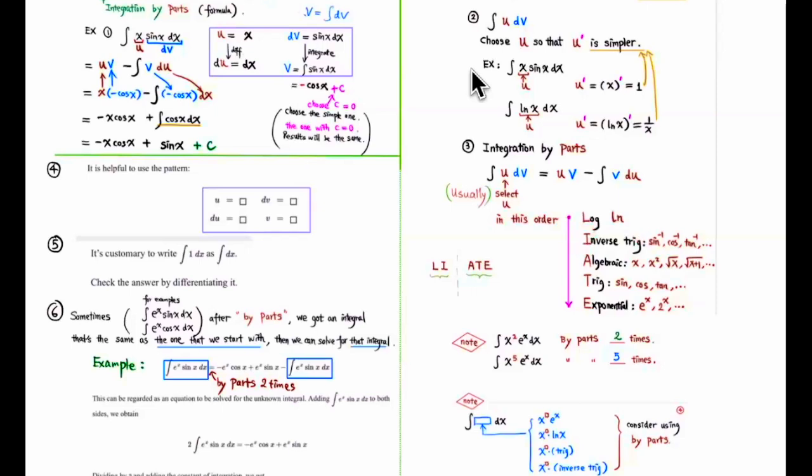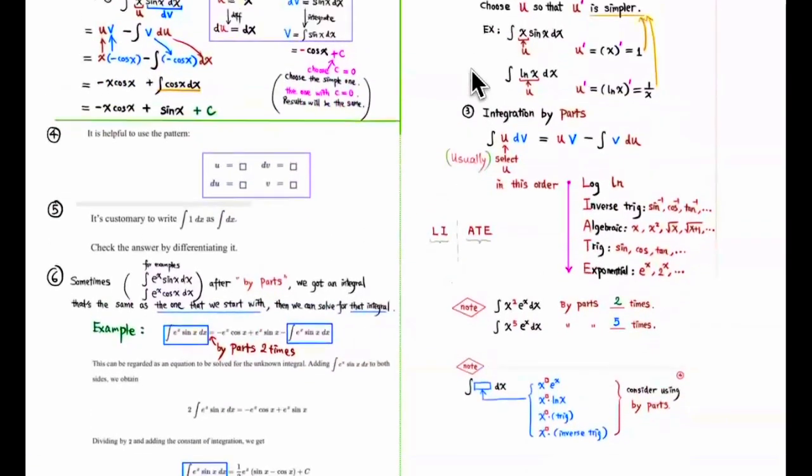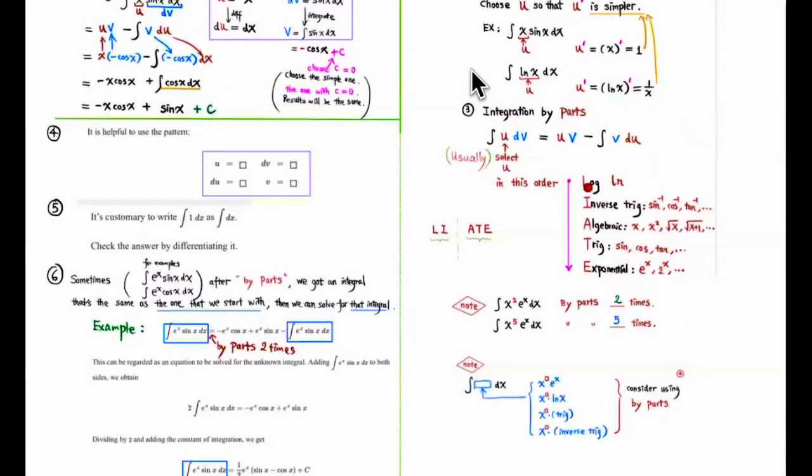If you don't have that, you can check whether you have inverse trig, algebraic, trig, or exponential, and you try to let u be that. So for example, if you have a log function and an inverse trig function, you let u be the log function, because it has higher priority. That is some suggestion. It doesn't work 100% of the time, but it is going to work a lot of the time. So try to remember that one.